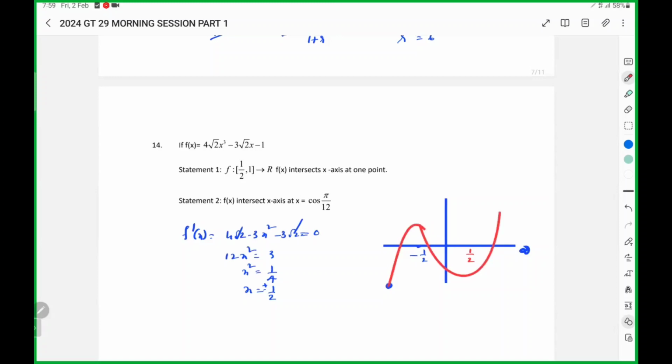Right. So at minus half the derivative is 0, at half also the derivative is 0. It intersects the x-axis definitely at one point, not at one point, but at 1, 2, 3 points. Right.